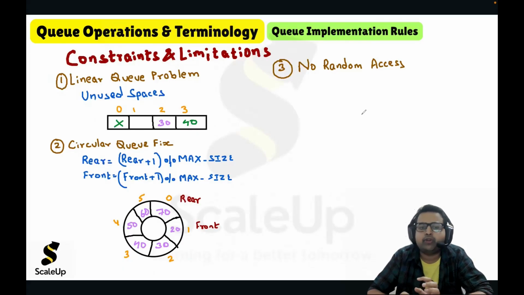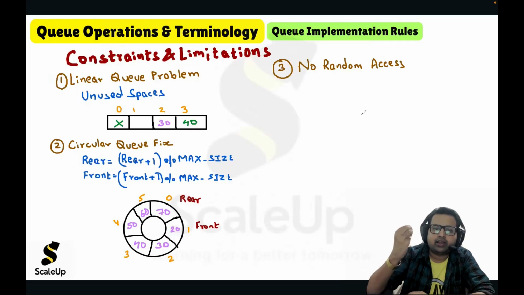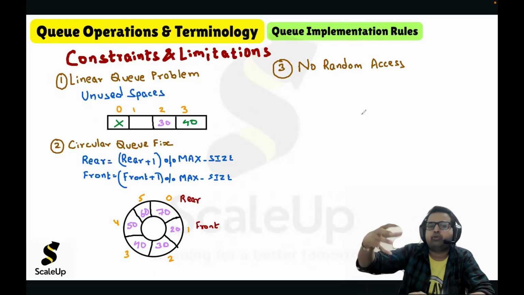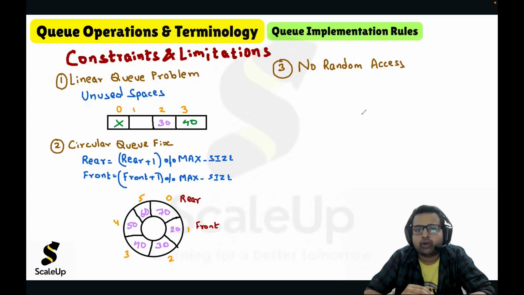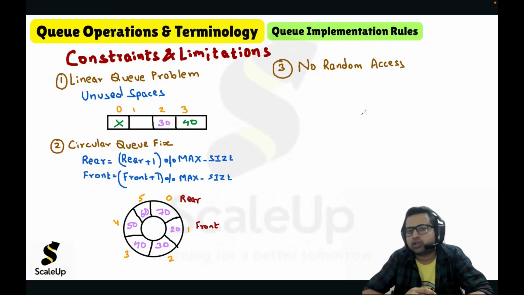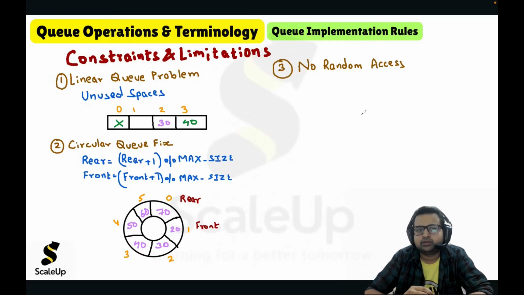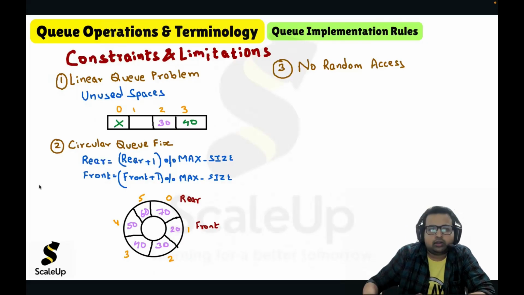Whatever element you have to add or remove, you can do it from the front or rear only. We cannot insert in the middle, or remove an element from the middle. So no random access is allowed, and it's a constraint of a queue. So this is how the queue is designed. A queue inherently comes with this limitation of no random access.